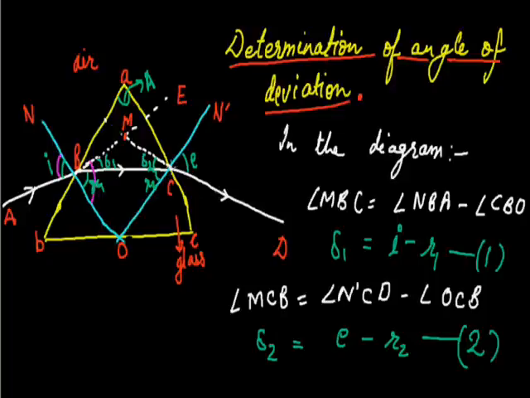When it is extrapolated back, it coincides with the original direction of the incident ray at M. So the angle between the original direction of the incident ray and the emergent ray's direction gives us the angle of deviation. That's why it is the total deviation between the original incident ray direction and the finally emergent ray's direction.